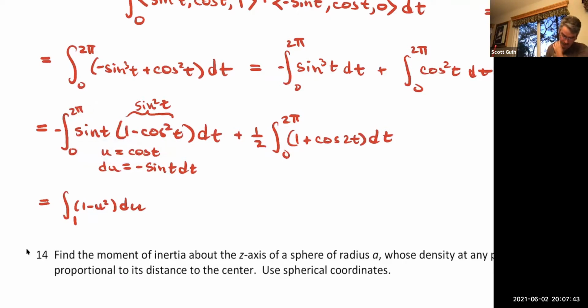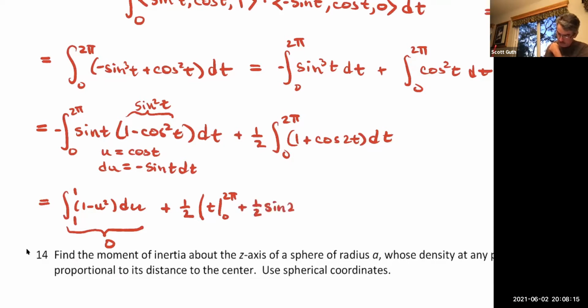So that first integral goes from 1 to 1, and so therefore that's just 0. The next part gets a 1/2, and ends up with just a t. So I'll put it in parentheses. There's a t from 0 to 2 pi. And then plus a 1/2 of sine 2t.